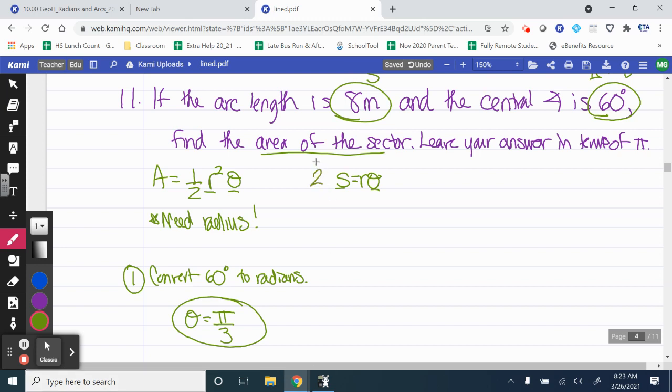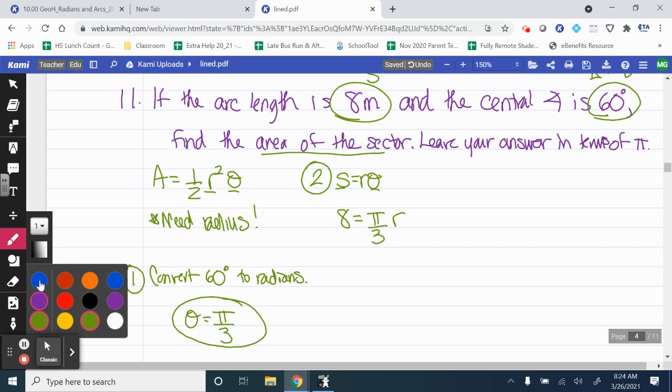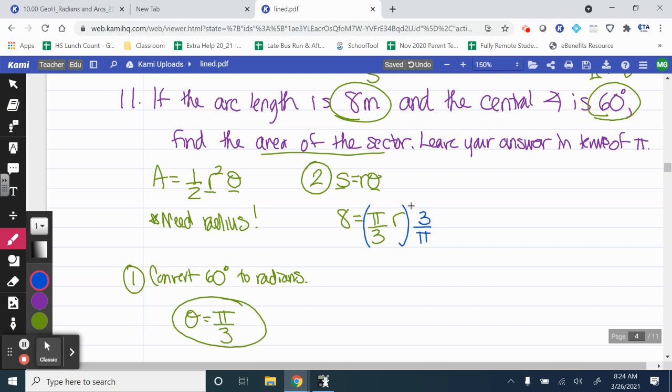So now, step 2, we're going to go to this arc length formula. Let's sub in our S is 8, and we know our theta is pi over 3 times our radius. Now let's solve for r. So to get r by itself, I want to get rid of this pi over 3. To get rid of a fraction, I know a lot of you are tempted to divide by pi over 3, but you want to make sure at this point in your math careers, you're multiplying by the reciprocal.